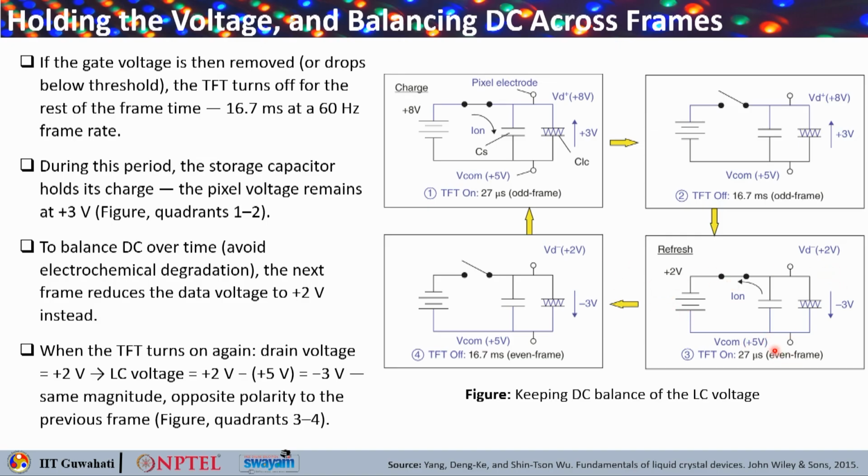Because here the common voltage is plus 5 and here it is 2, the difference is minus 3 across the liquid crystal layer. So the drain voltage of plus 2 gives the opposite polarity that you see here, and the same thing remains here as well.